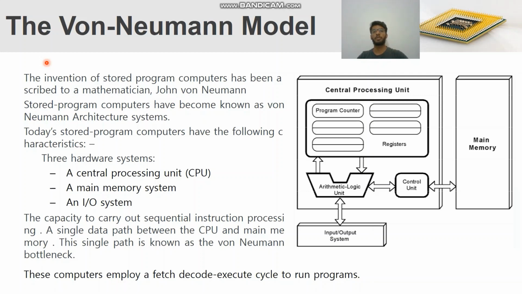Today's stored program computers have the following characteristics: the CPU, the main memory, which is RAM and ROM, and the input-output system. Computers based on the von Neumann architecture employ fetch, decode, and execute cycles to run programs.